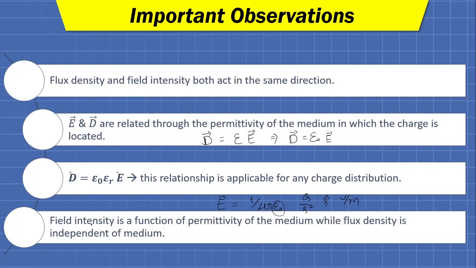So we can say that field intensity is a function of the permittivity of the medium. When you write the formula of D bar, you will only have Q upon 4πr² r caret coulomb per meter square. So you do not have any term regarding the property of the medium. So the flux density is independent of the medium.